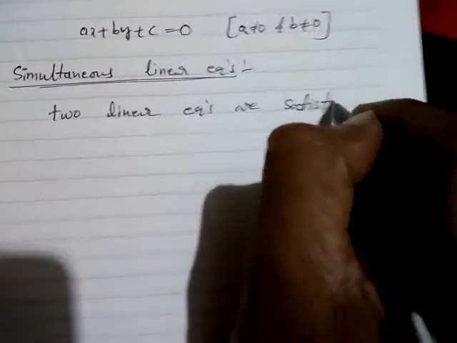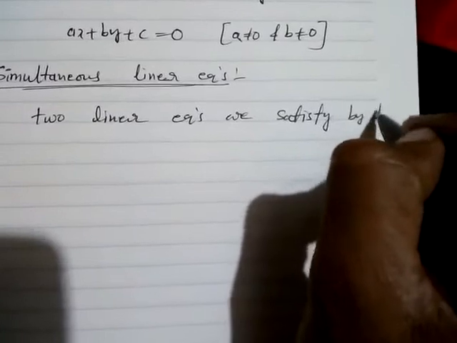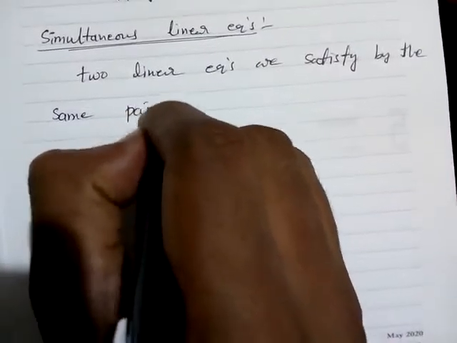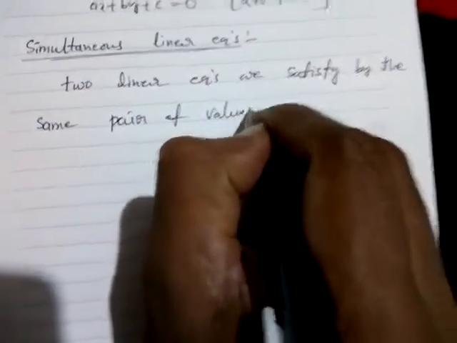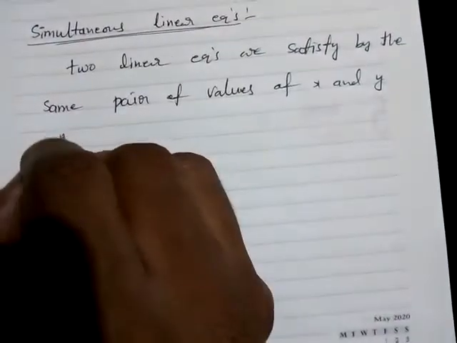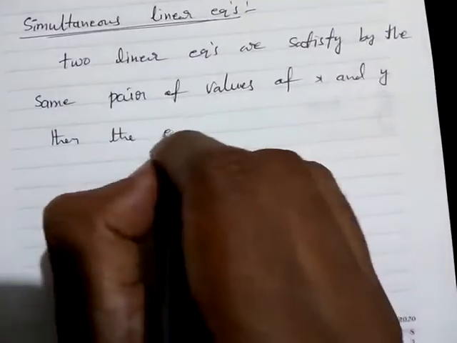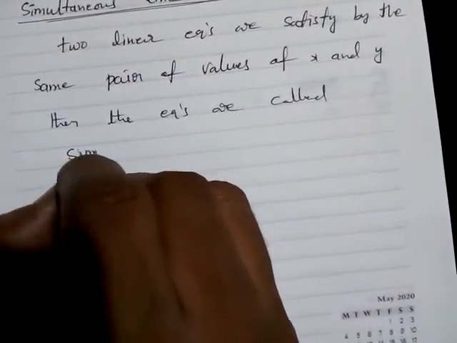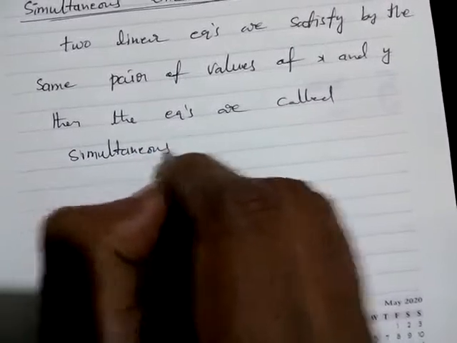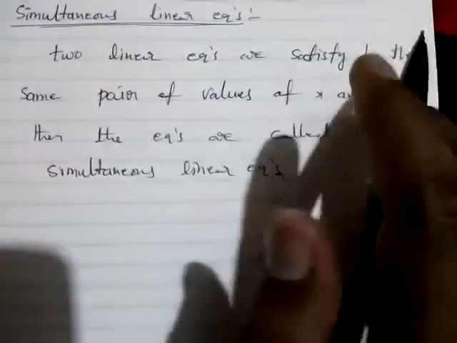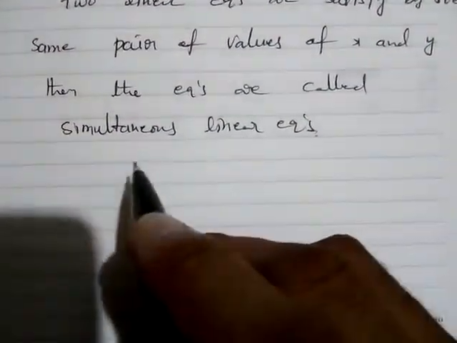Two linear equations are satisfied by the same pair of values of x and y, then the equations are called simultaneous linear equations.